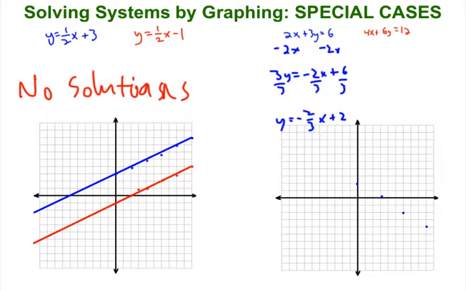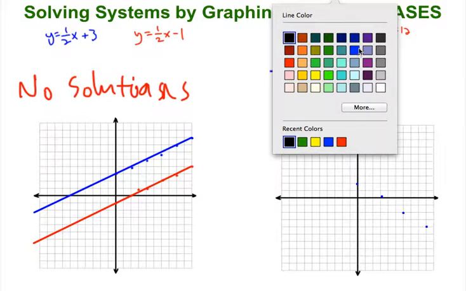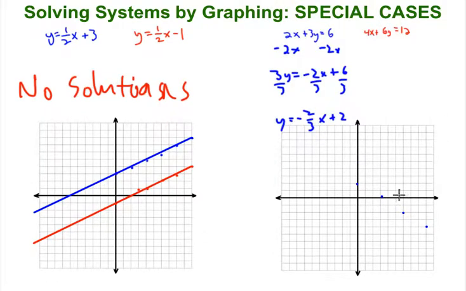While I'm plotting this, and while you're plotting along in your notes, I want you to see if you can see something similar between these two graphs that we're about to look at. All right, let's solve the other one now, and see if you can figure out what's going on here.